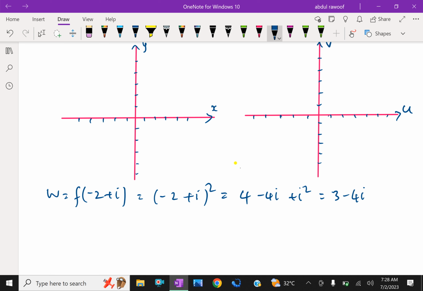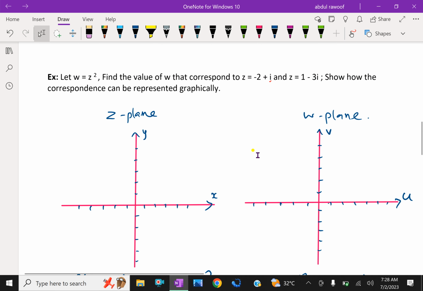Now this is the first part. Next, w equal to f of 1 minus 3i, with z equal to 1 minus 3i.